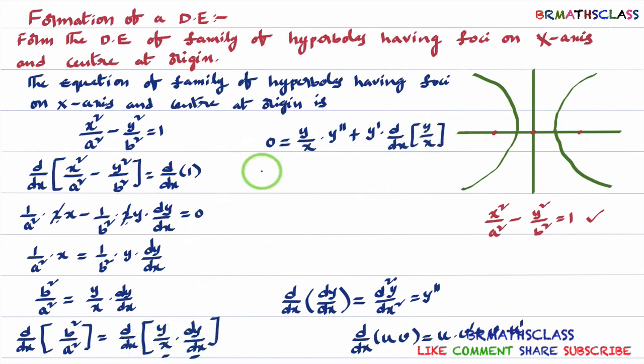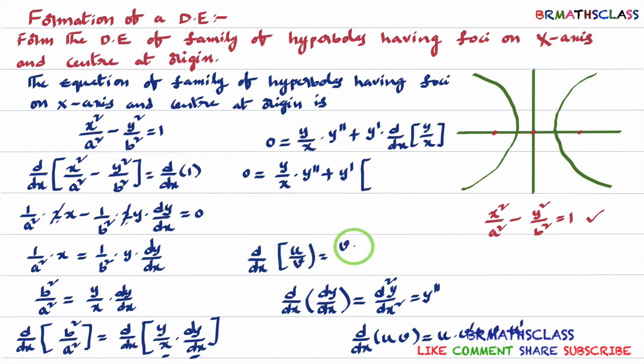If we simplify this further, what you will get? 0 equal to y by x into y double dash plus y dash into, see here, the u by v formula. We learned this in the differentiation chapter. d by dx of u by v is what? It is v into u dash minus u into v dash divided by v square.